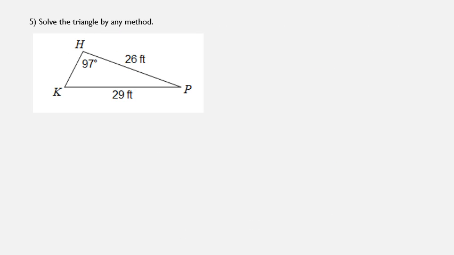Next one, solve the triangle by any method. So we need to look at it and decide what information we have. So I always look to see, do I have a known angle across from a known side? I do. So I can use law of sines. So I have sine of 97 over 29. I know both of those.